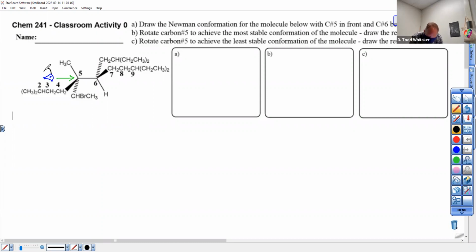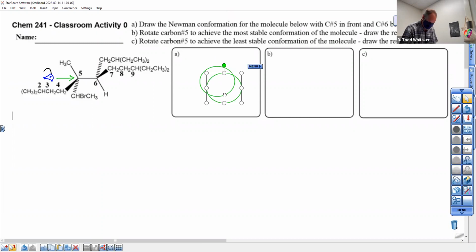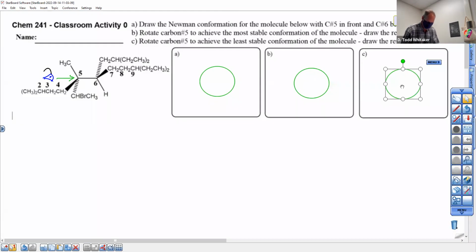And what you get when you do that is you see carbon 5 as a ball, a perfect sphere. We're always going to be looking at a carbon in front in all 3 examples. And that's all you see from that. Now, you do see the 3 bonds sticking off of it.